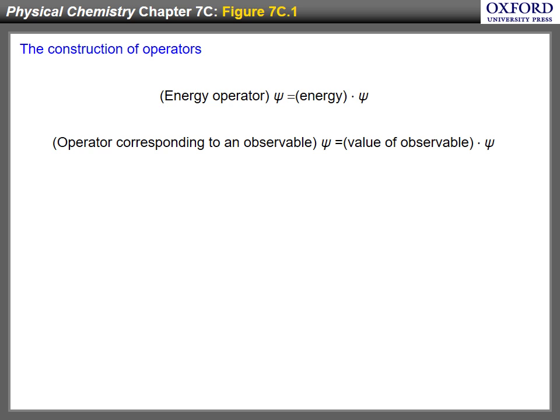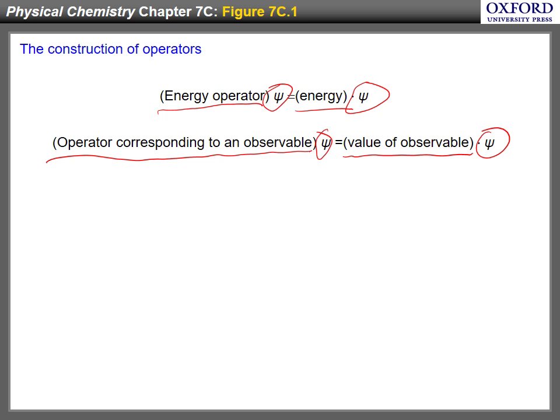The pattern in eigenvalue equations is of utmost importance. The pattern that we see here, the energy operator times phi equals energy times phi, we can more generally write out, and this will hold true, as the operator corresponding to the observable times phi, which equals the value of the observable times phi.